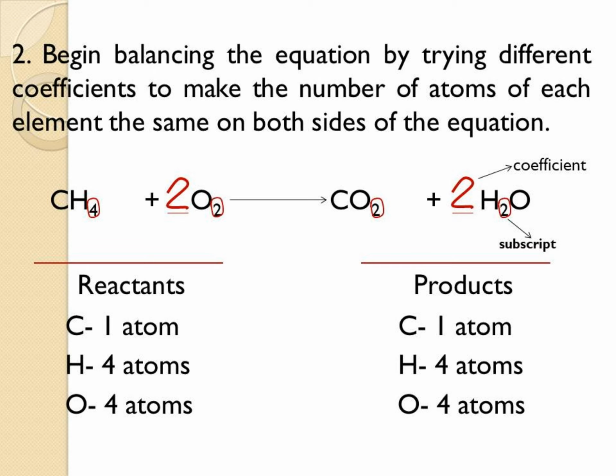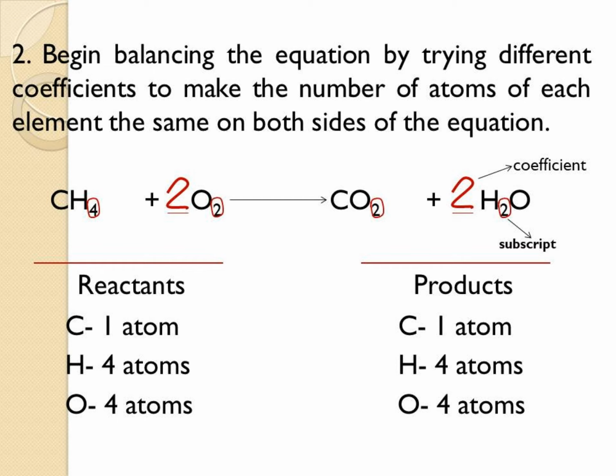In the original chemical reaction of methane with oxygen gas, we can see that the carbon and all other elements on the reactant side and on the product side are unbalanced. But in the example here, there is already a coefficient placed in front of the element symbol.